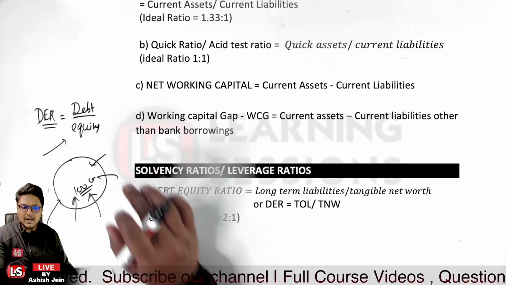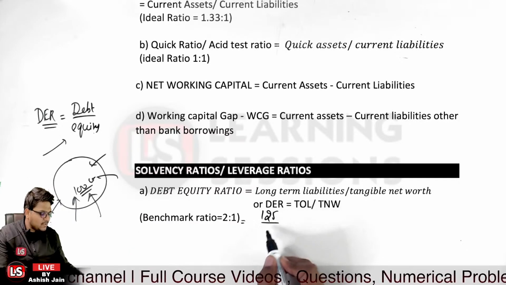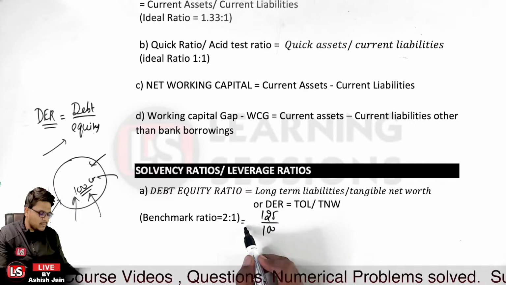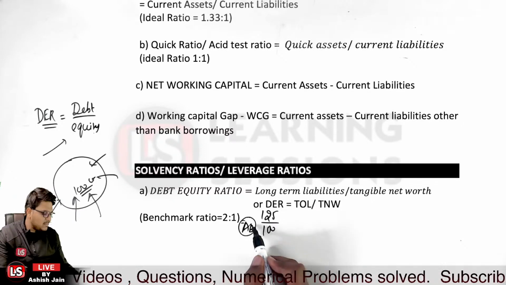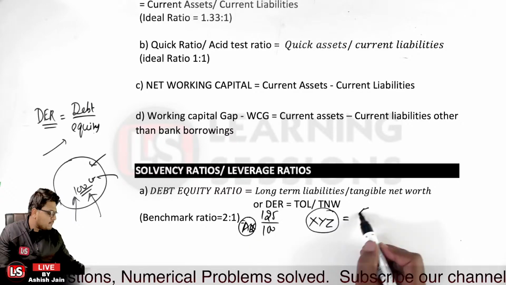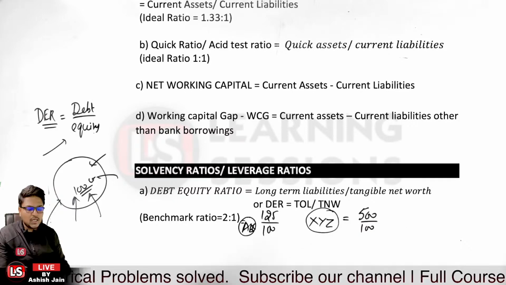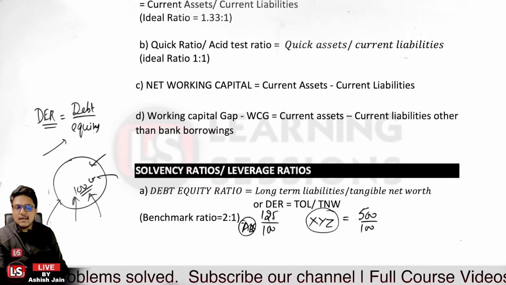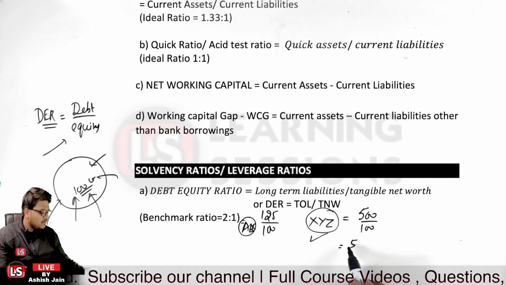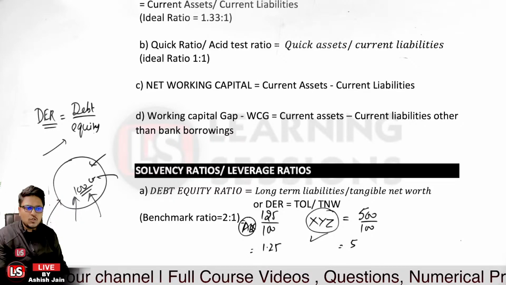Let us take the case that firm ABC has borrowed rupees 125 and has its own funds equal to 100, and firm XYZ has borrowed rupees 500 from the market and has its own funds equal to 100. Okay, now in what case is DER more? Definitely in case of the XYZ firm, DER is equal to 5, whereas in the case of the ABC firm, it is equal to 1.25. Now, which one is riskier?